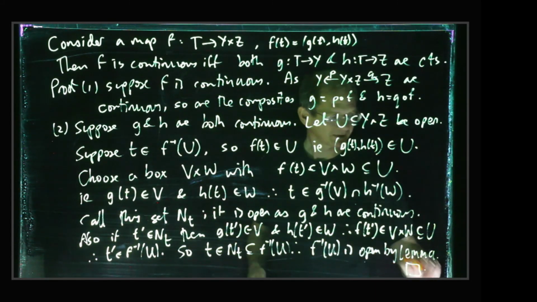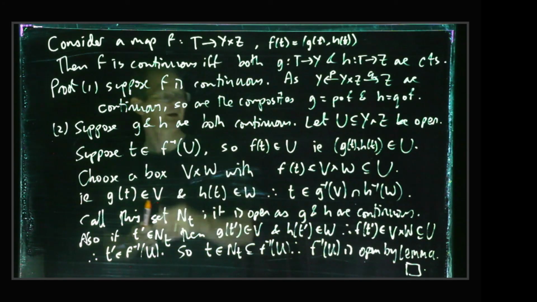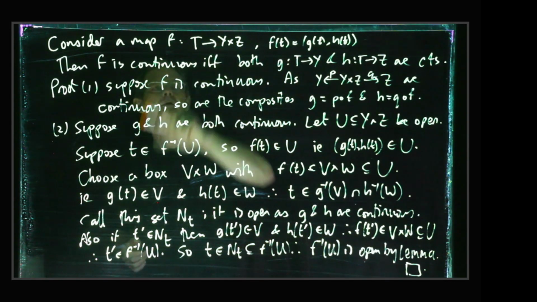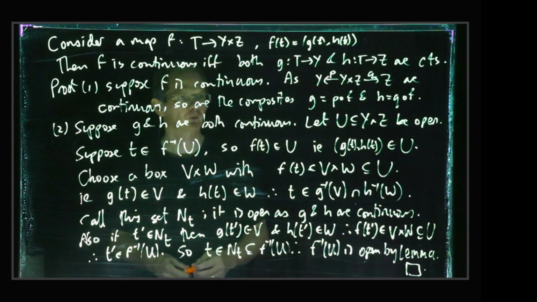So this completes our characterization of the continuous maps into Y cross Z, which can be expressed in the general language of category theory as saying that Y cross Z is a product of Y and Z in the general sense of category theory, and that's kind of why it's called the product topology.